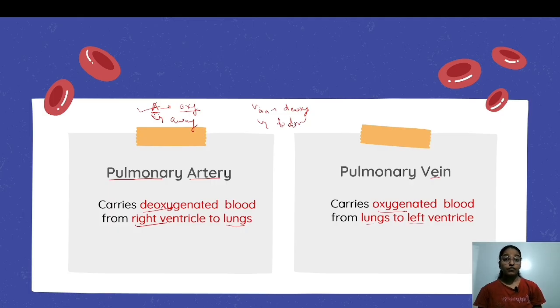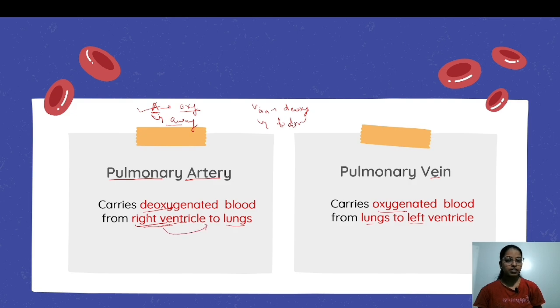Now here we have remembered two theories. First is that arteries carry oxygenated blood, but the second theory was that arteries carry blood away from the heart, correct? So the pulmonary artery, you can see here, carries deoxygenated blood from the right ventricle to the lungs. That means it carries blood from the heart towards the lungs.